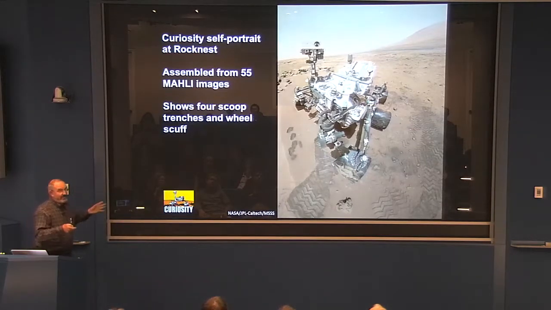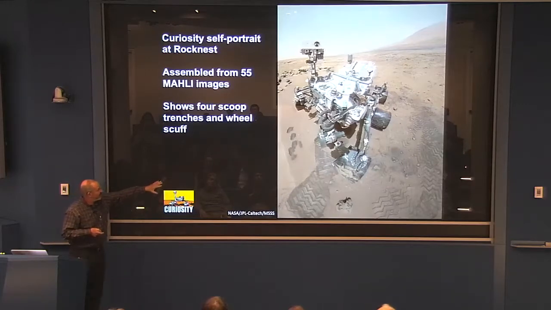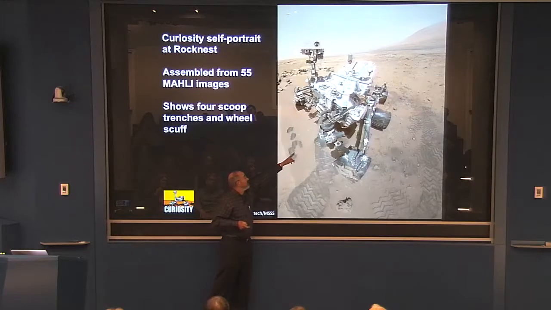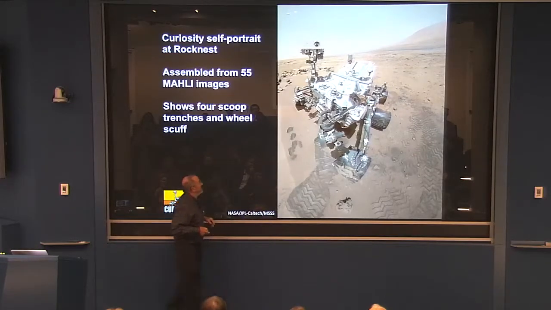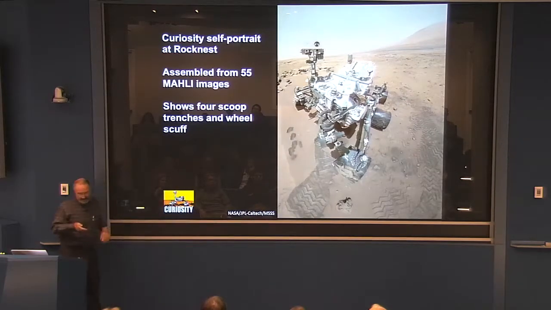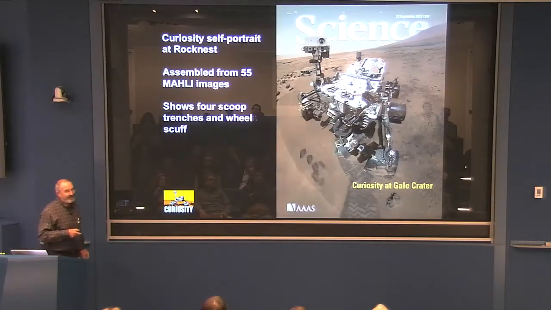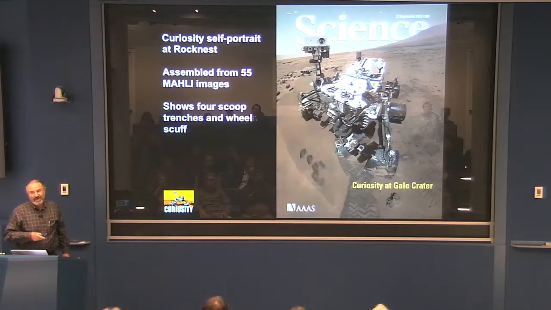And basically they're stitched together and the arm itself has been photoshopped out. And what you can see down here, you can see actually 4 scoops where the arm has taken scoops of rock and 2 dumps where that sediment has been basically dumped back on the ground. And that image, you might be aware, appeared as the cover of Science magazine 2 weeks ago, where 4 of the initial papers of Curiosity's results were published.